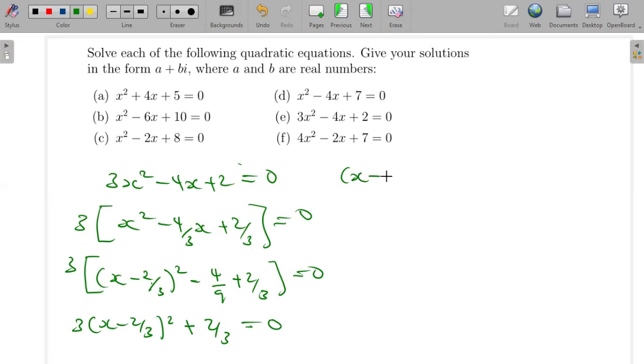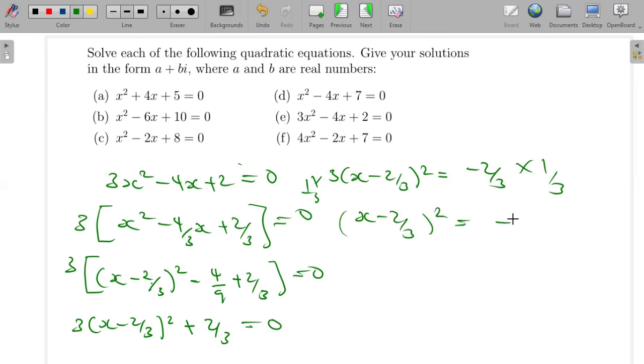So I have (x minus 2 over 3) squared is equal to negative 2 over 3. Multiplied by 1 over 3 on both sides, this is just going to give us (x minus 2 over 3) squared equal to negative 2 over 9.